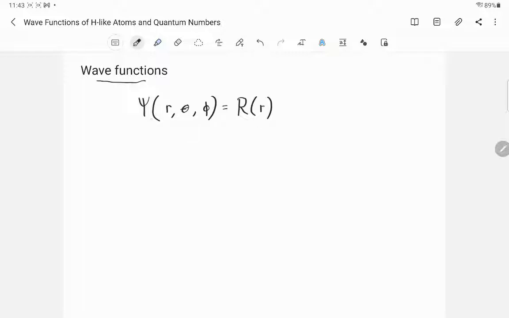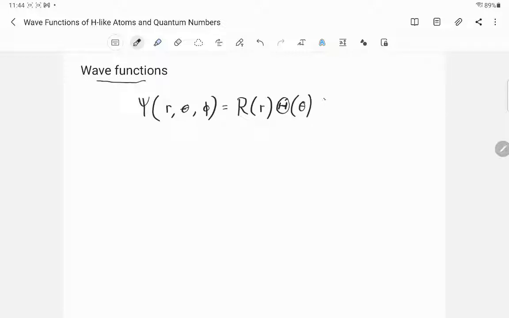So this wave function psi can be written in terms of a radial part of the wave function, or a radial factor, multiplied by a factor capital Theta, which looks like an H written inside of a zero or an O. That is the polar angle part of the wave function.